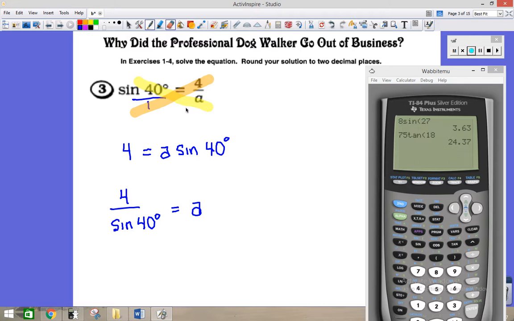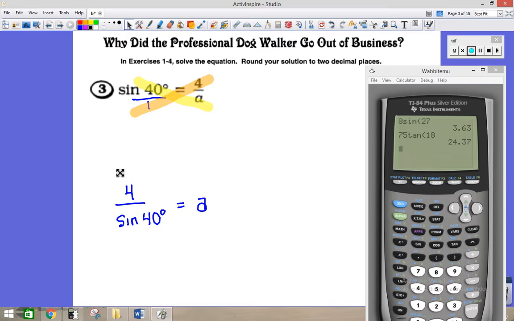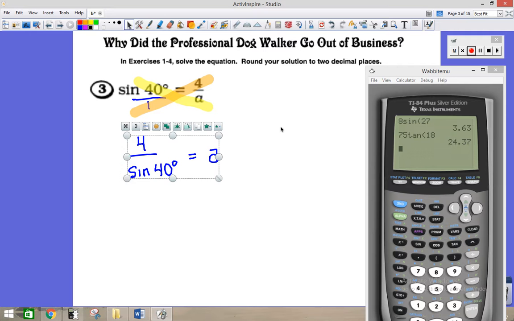I generally skip this second step and go directly to here, because I know that multiplication is commutative, that the sine of 40 degrees times a is the same thing as a times the sine of 40.